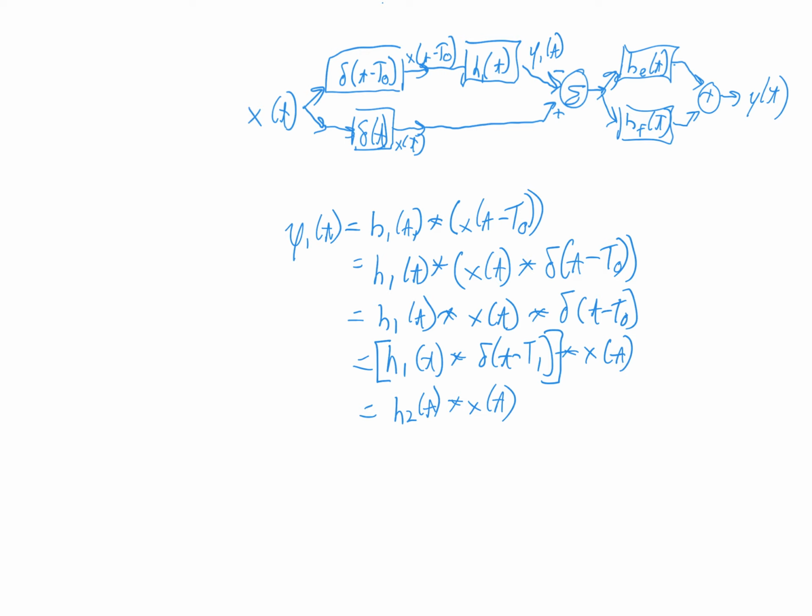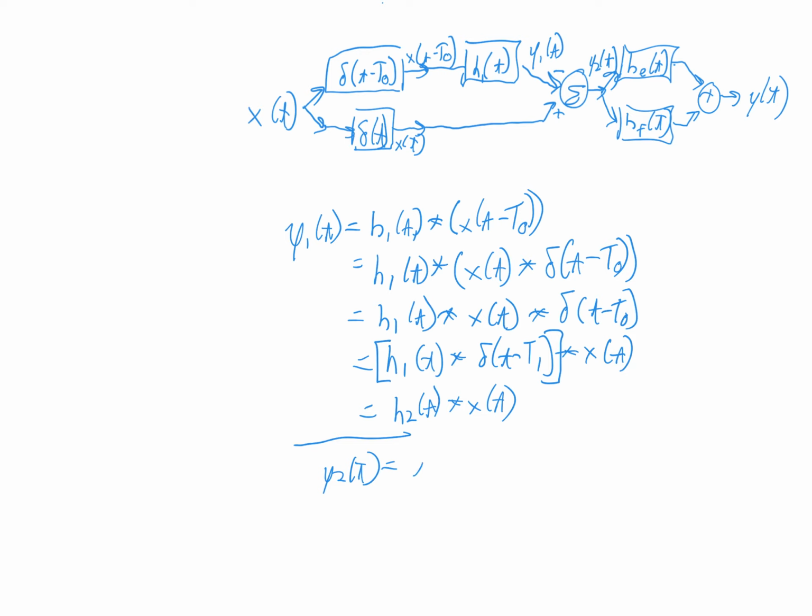Then we also have the distributive property. Let's call the signal coming out of the differencing block y2 of t. So y2 of t is equal to the bottom block minus the top block.